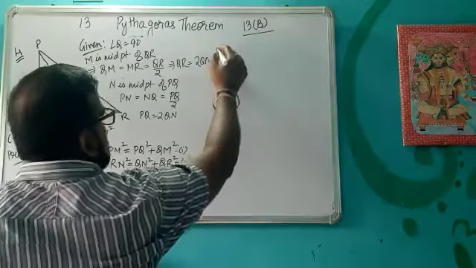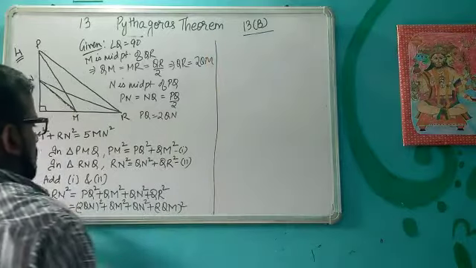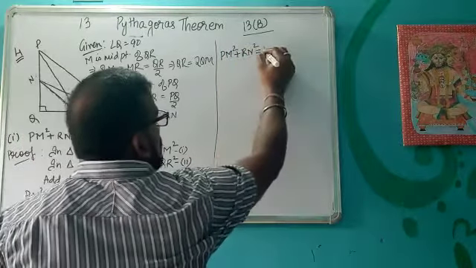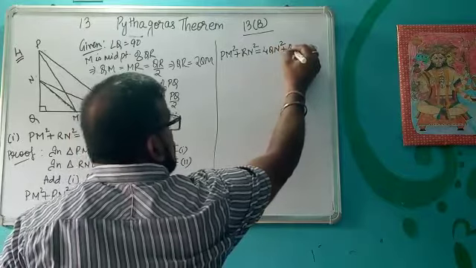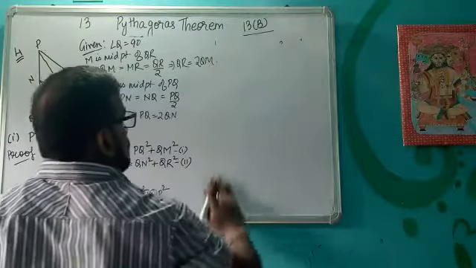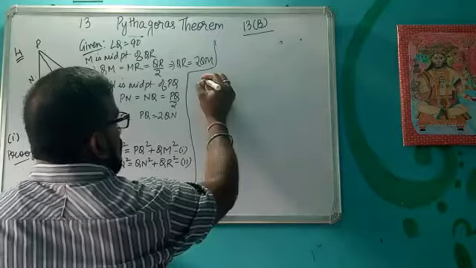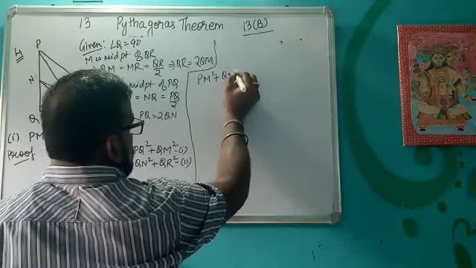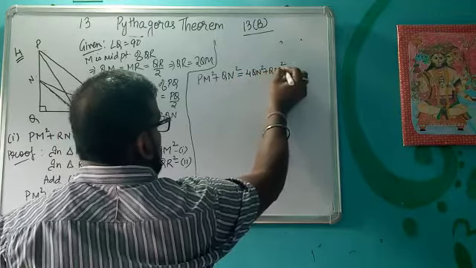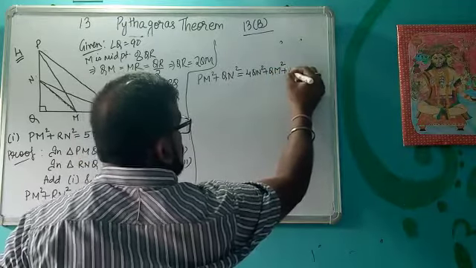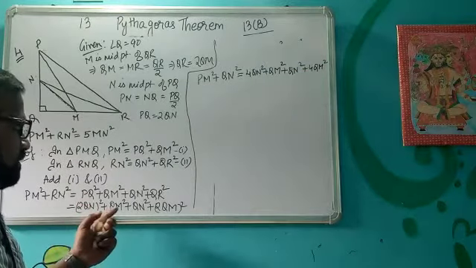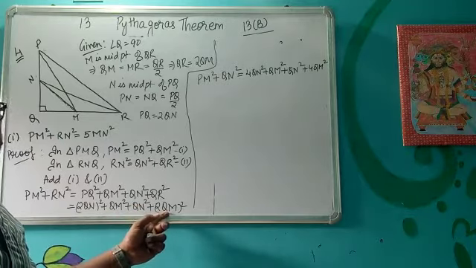So finally it becomes PM square plus RN square equal to 4 QN square plus 4 QM square plus QN square plus 4 QM square.